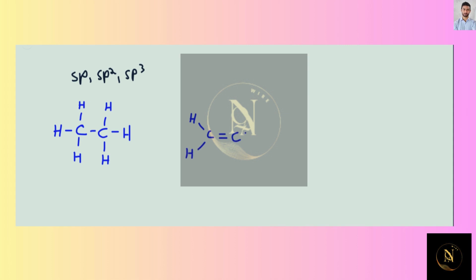Remember when we compare our single bonds to our double bonds? A single bond is weaker than a double bond. The interaction between those two carbon atoms is weaker with a single bond than with a double bond.